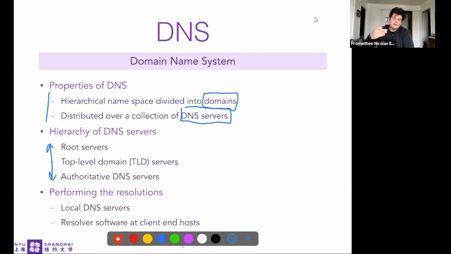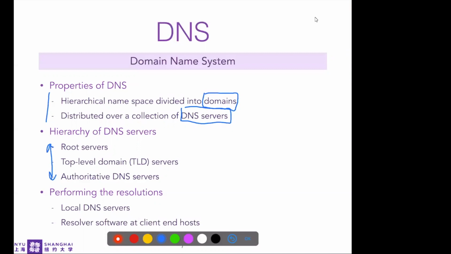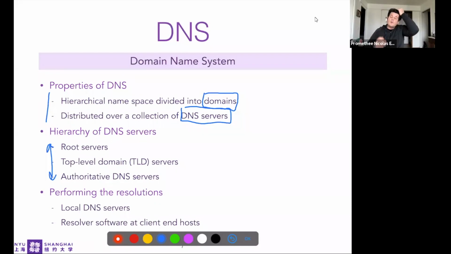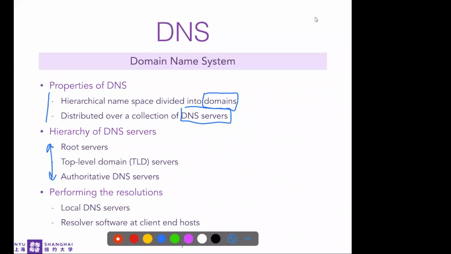The next level is the TLDs, the top level domains. And then the last level will be the authoritative DNS servers. We'll try to explain each of them, given that you have a nice tree. On top, you have the root, next level, and so on, multiple levels. And at the bottom, that's where you have the authoritative DNS servers.